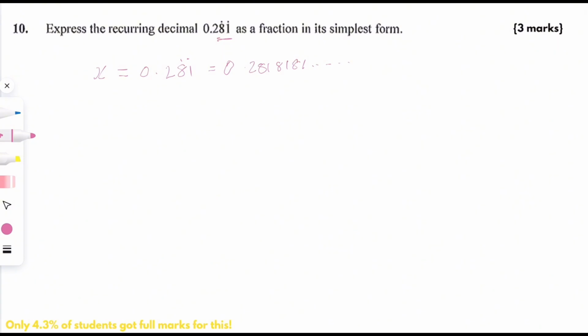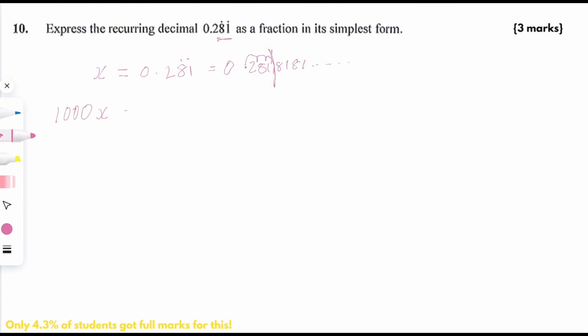So after this point, it's just the same repeated 818181. So we want to multiply this number by another number that will move this decimal point 1, 2, 3 times. That is the same as multiplying this number by 1,000. So we're going to multiply both sides by 1,000.